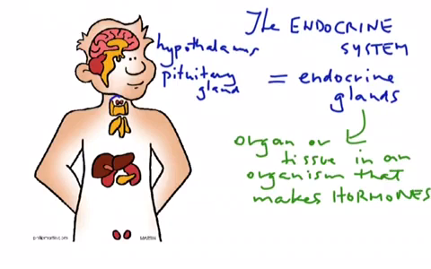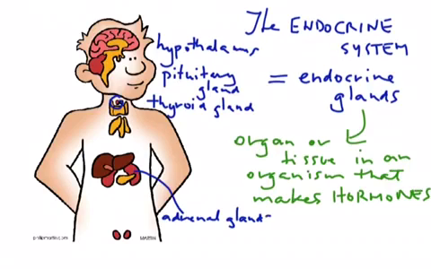Just at the base of your neck, there's a gland called the thyroid gland, which makes a number of hormones that control your functioning. Sitting on the kidneys down here are the adrenal glands, and the adrenal glands make the very famous hormone adrenaline.